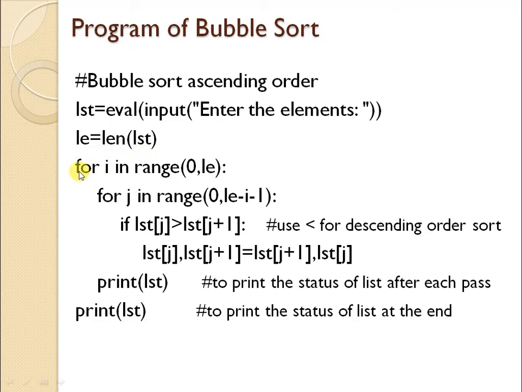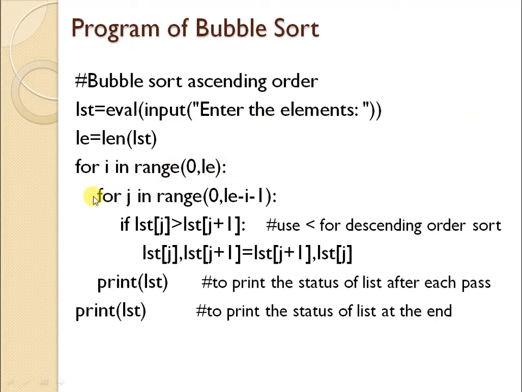Then you will go through the entire list because you have to iterate through that list again and again. So this outer loop will help you in iterating through the loop again and again. Okay, so it is a question of nested loop.